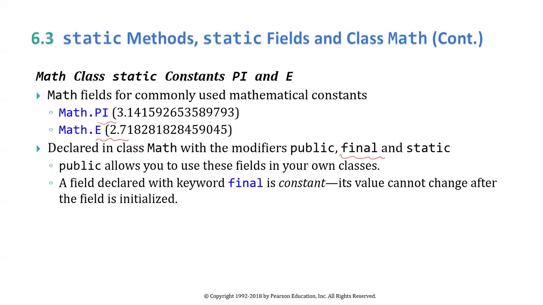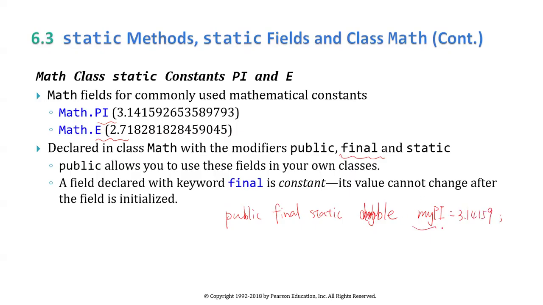For example, if I declare public final static, okay, I will declare my own pi. Here, let me use double. I declare it and assign a value.